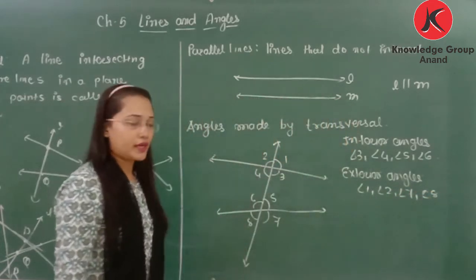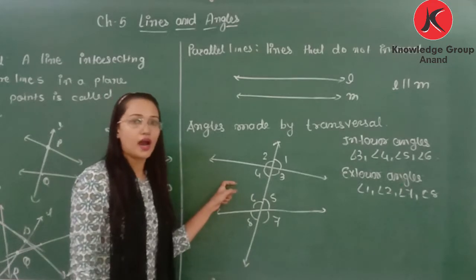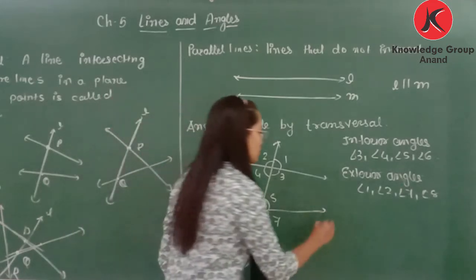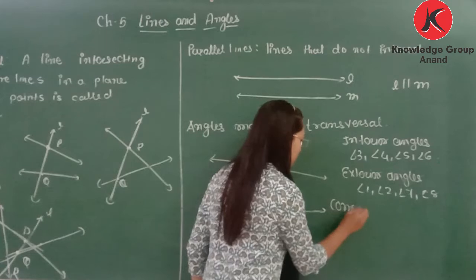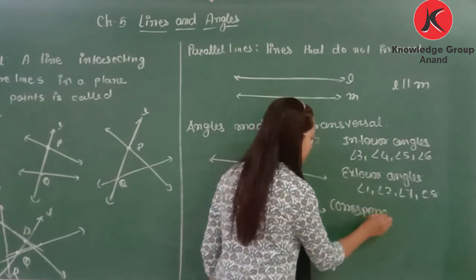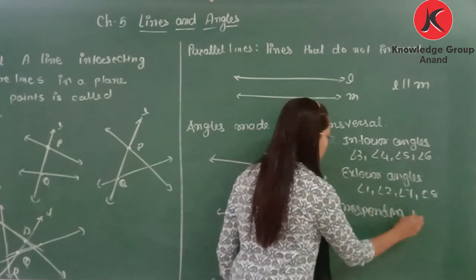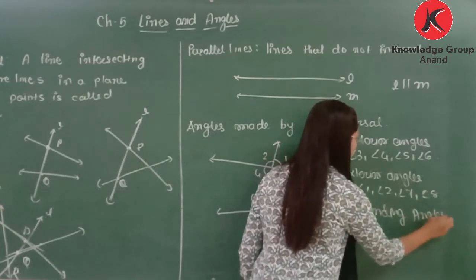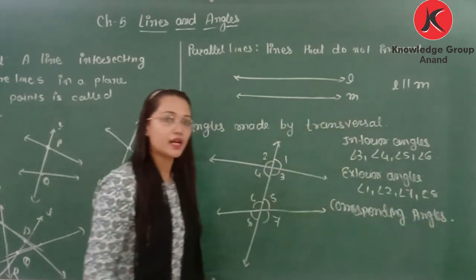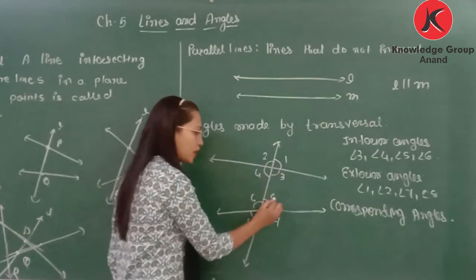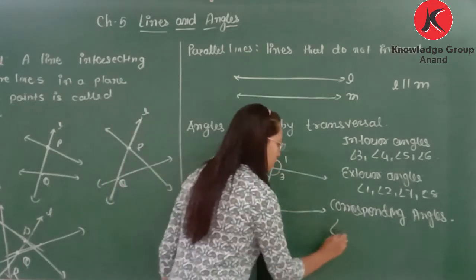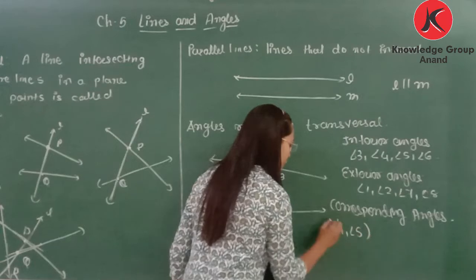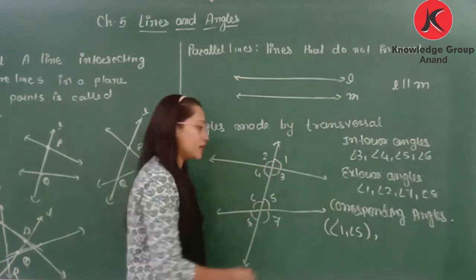Now corresponding angles means the angles that are in corresponding positions. So you can write angles that are in a pair. Which are in corresponding positions: 1 and 5. Angle 1, angle 5, that is one pair of corresponding angles.